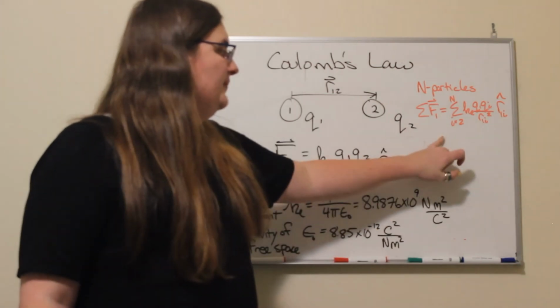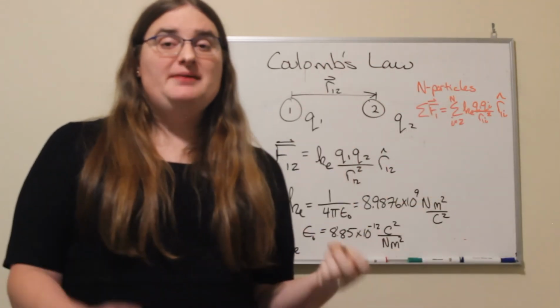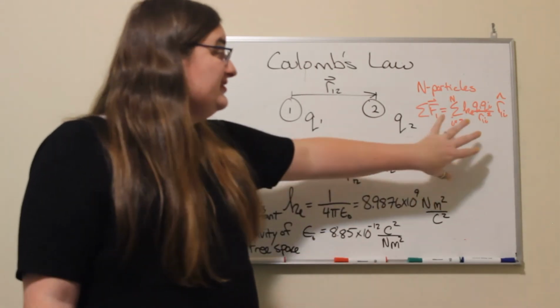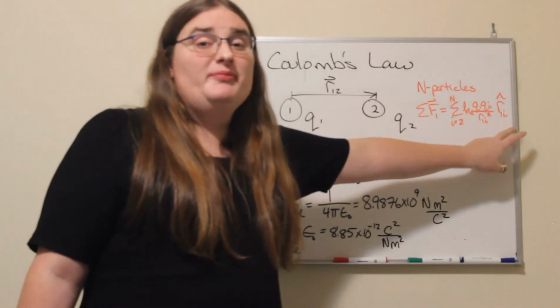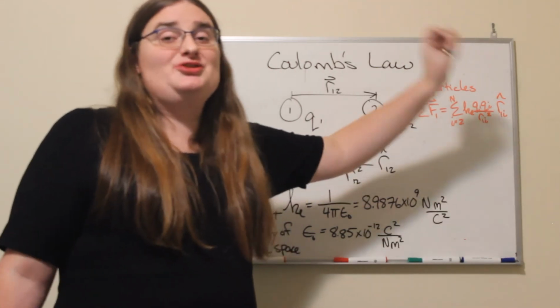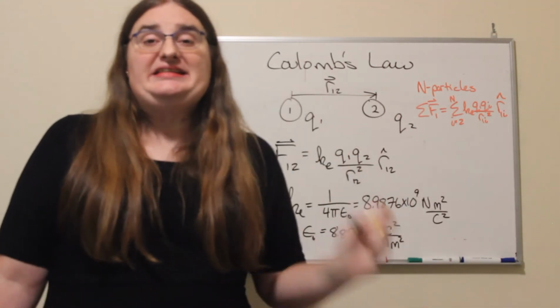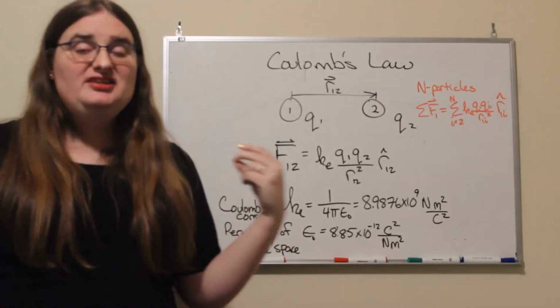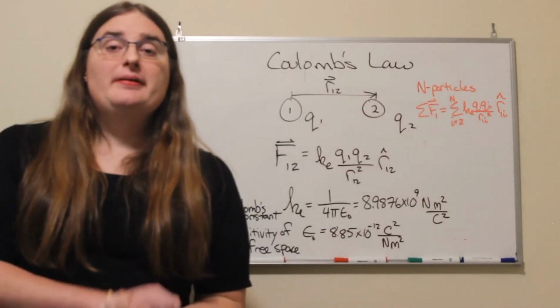But on the smaller scale, if we only have 4 or 5 charged objects that we're dealing with, then this is a framework that may be doable as long as we're careful and remember we have to take into account direction. We're doing vector sums, so pay attention to any direction, relative direction between those multiple objects.